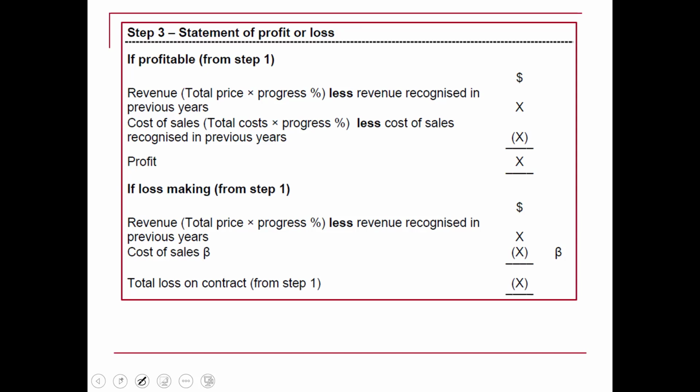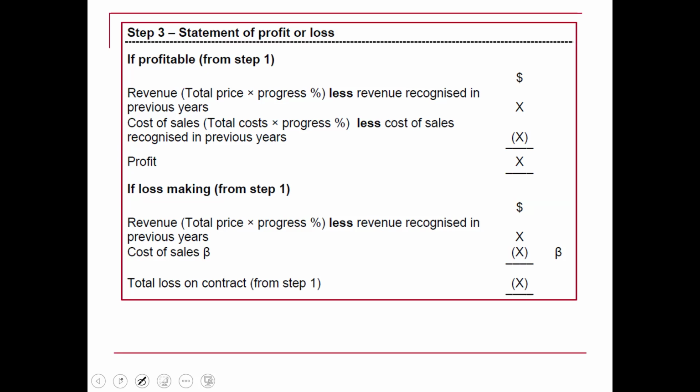So if from step 1 we have determined that the project is going to overall result in us making a profit, it means the project is profitable. So in the current year, our revenue is going to be the total price, what we have charged the customer in total, times the percentage progress, whether we've used input or output, how far we have gone with the project. We've calculated the percentage in step number 2.